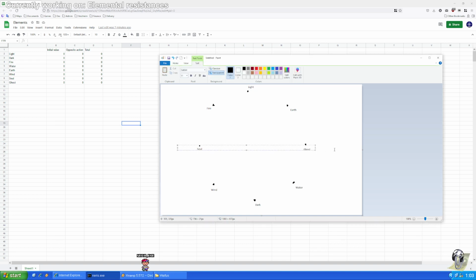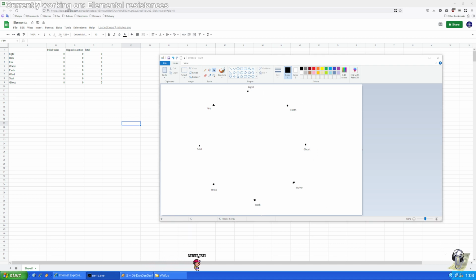So these two are like an exception. Okay, earth is close to light and gust, then water. Water is close to gust and dark. Okay, this is nice. Then dark is close to water and wind.